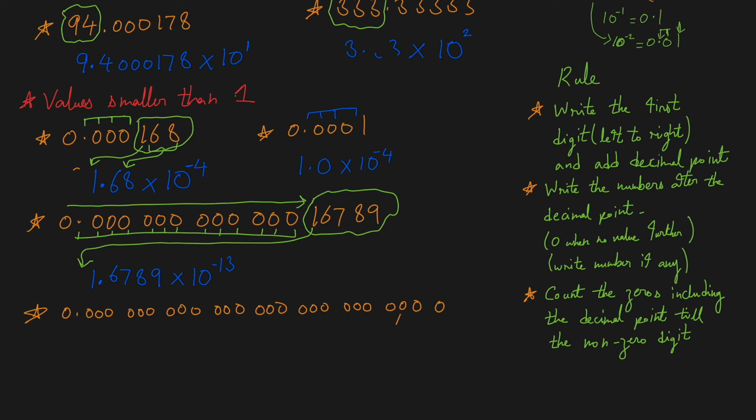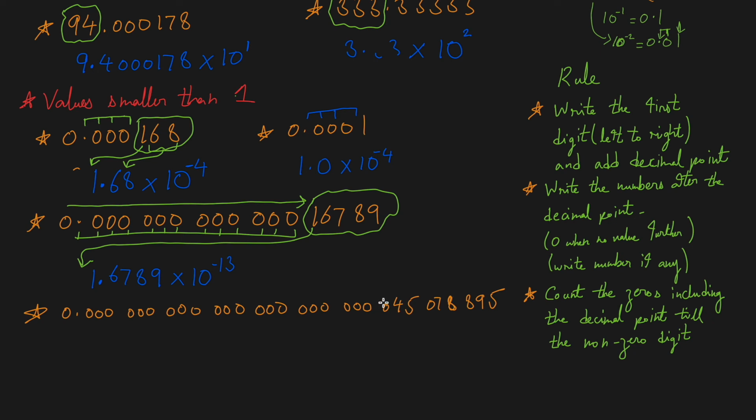Let's not take it too extreme, just stop it right here. 0 4 5 0 7 8 8 9 5. So this is the value.